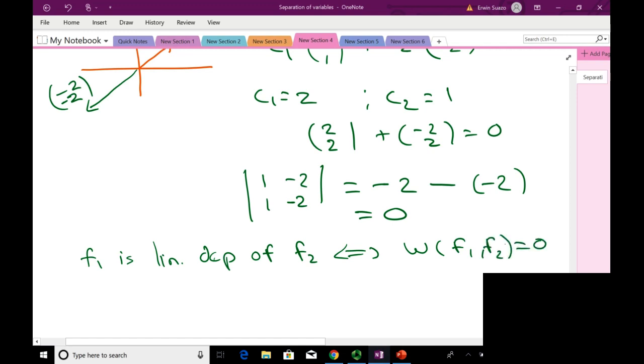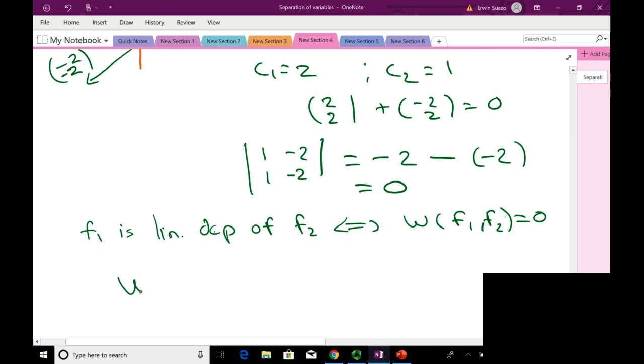Okay? And what was the Wronskian? We said already that the Wronskian was the matrix f1, f2, and then f1 prime, f2 prime.